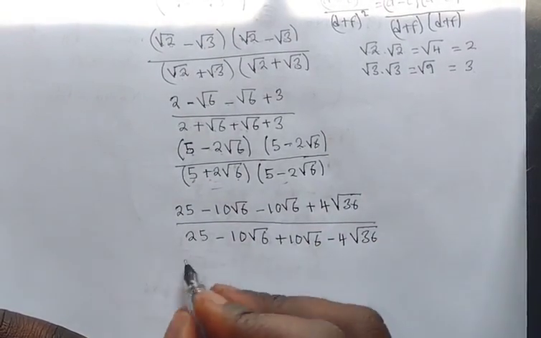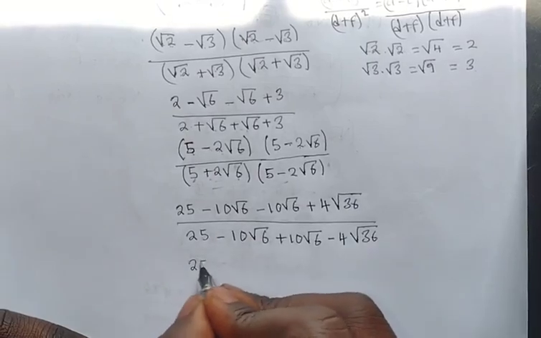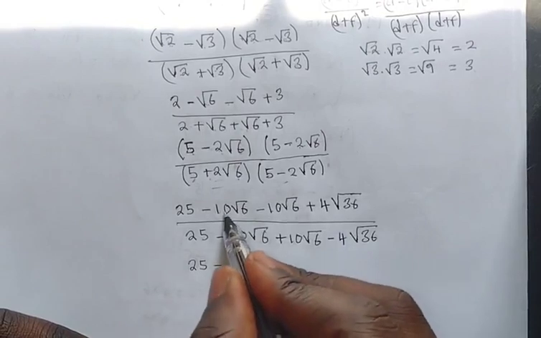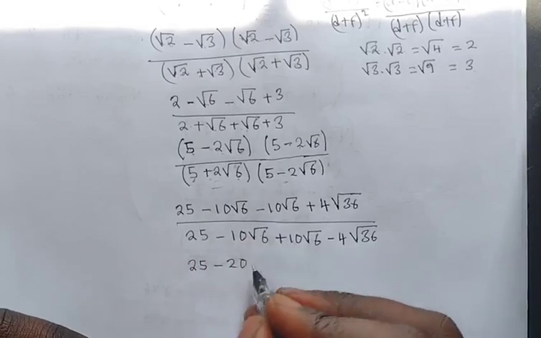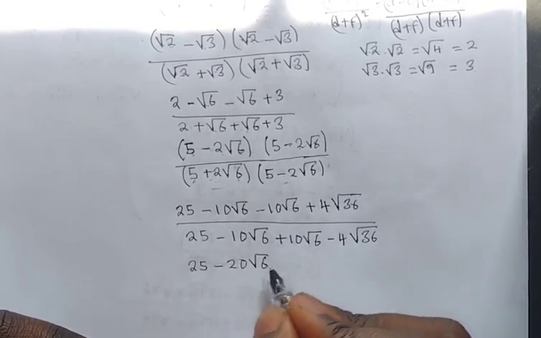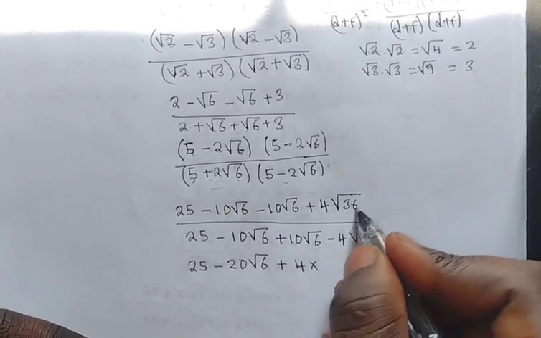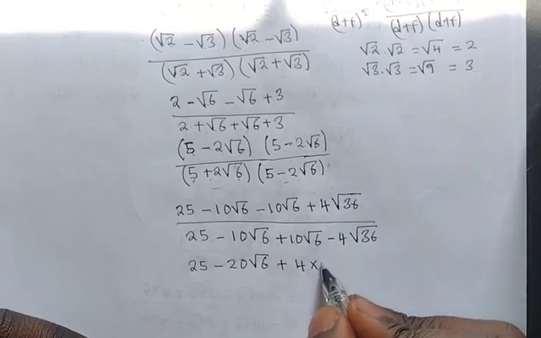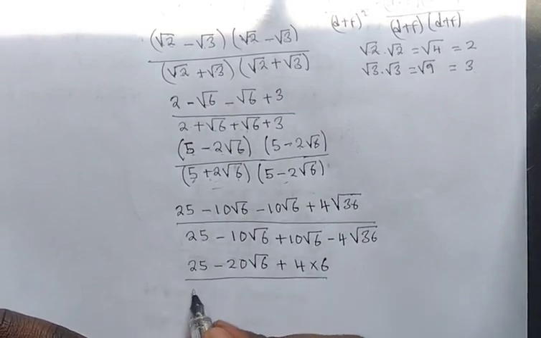Let's just simplify. 25 minus this and this is a 20, because they have the same sign here. Then you write root of 6 plus 4 times the square root of 6 over 25.